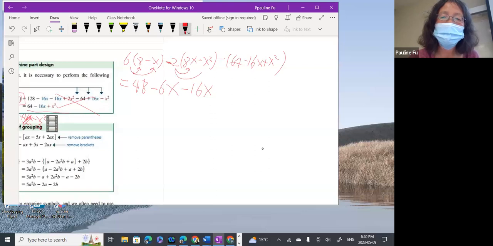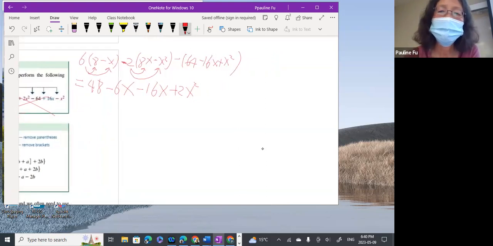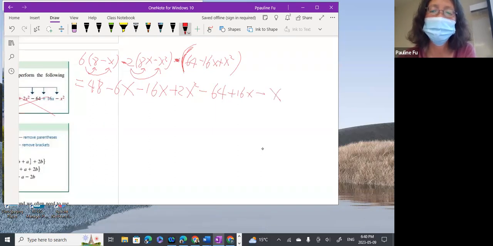Minus 2 times minus x squared, minus times minus is positive. Okay. And the last step, you want to take away the last bracket. You change the sign because there is a negative in front of this bracket. So it becomes negative 64, positive 16x, minus x squared.